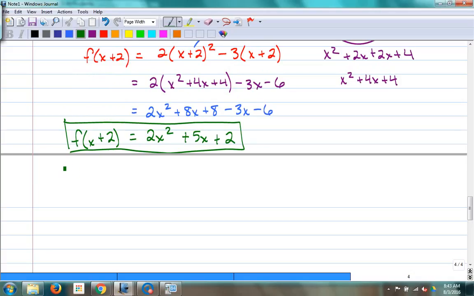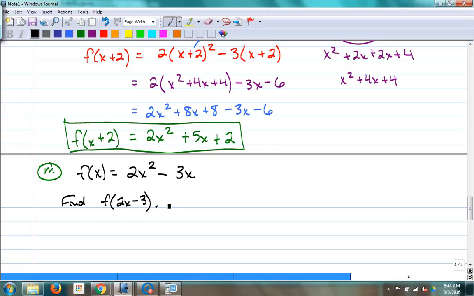Let's do this one. Example M. And let's say we had f of x. And let's just use that same one again. It seems to have a lot of interesting things happening. We want to find f of 2x minus 3.